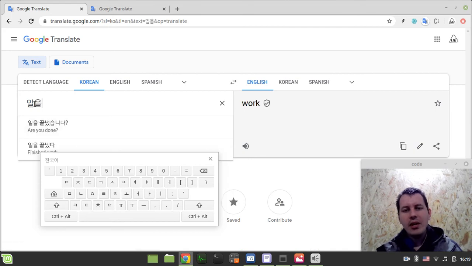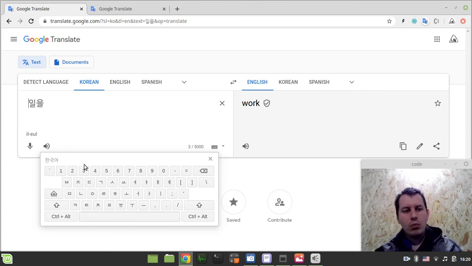And in theory, this should be a marking particle. And this sort of translation brings me some hope that this should be the proper way to say work like a noun, not as a verb, like to work, but the work as the noun, just like in English, by the way. So I hope this is correct.